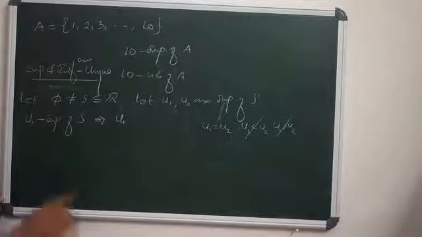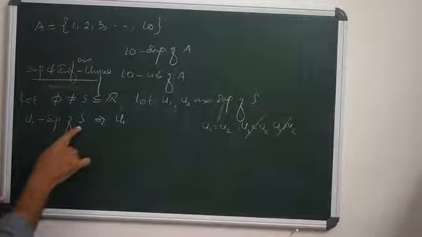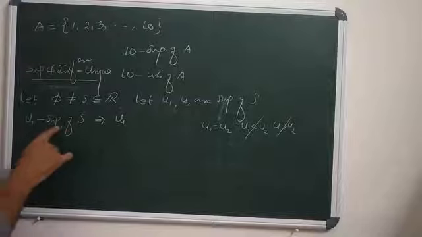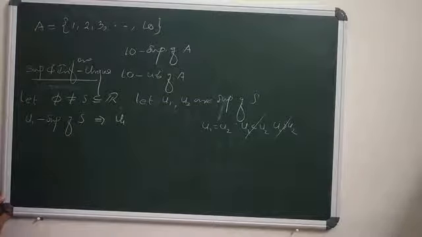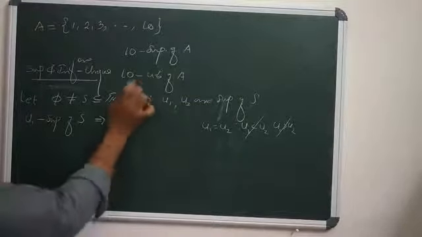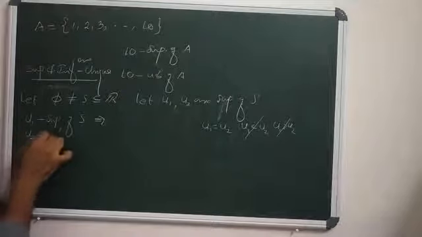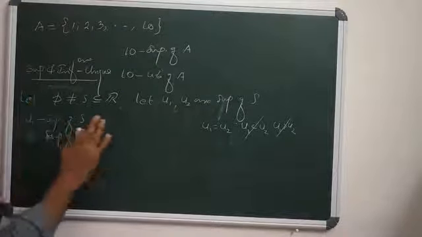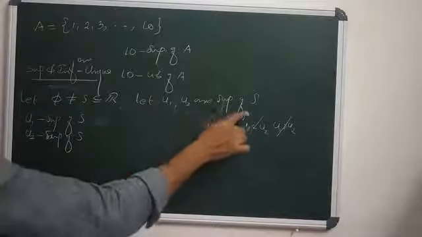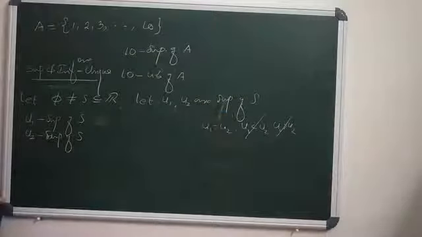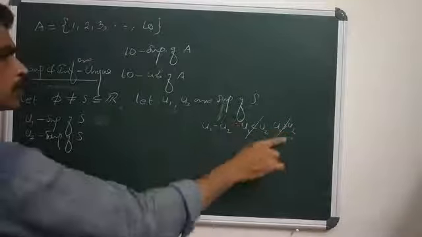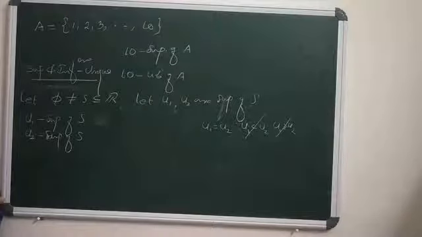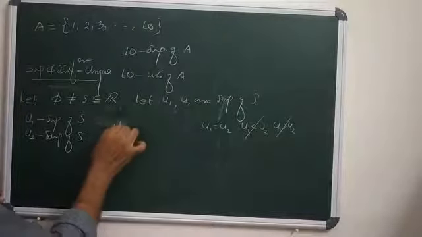Since U1 is a supremum of S, and U2 is also a supremum of S, as given, in order to prove U1 equals U2 we have to rule out the two conditions, U1 less than U2 and U1 greater than U2.